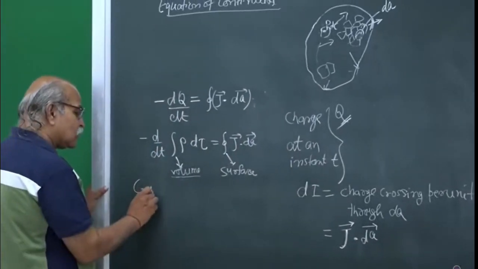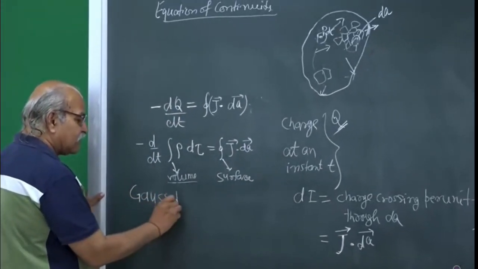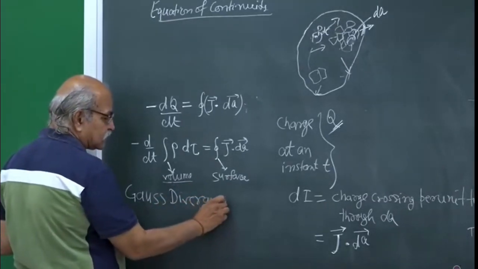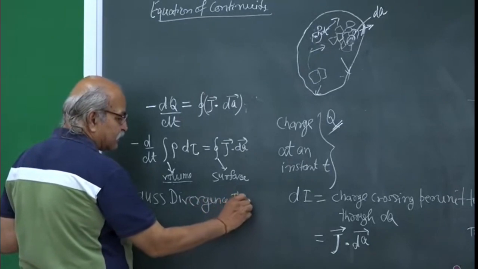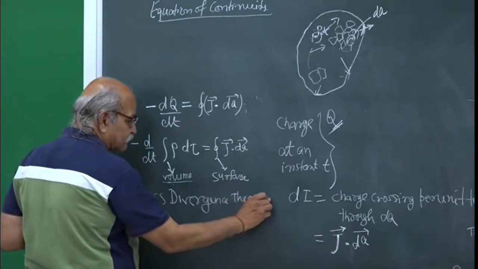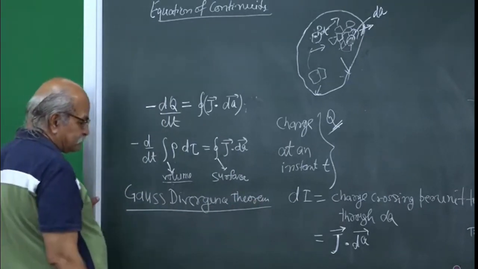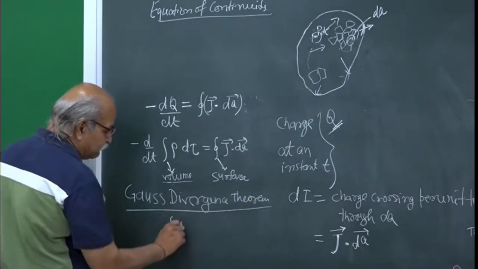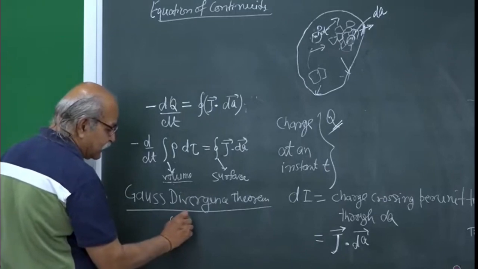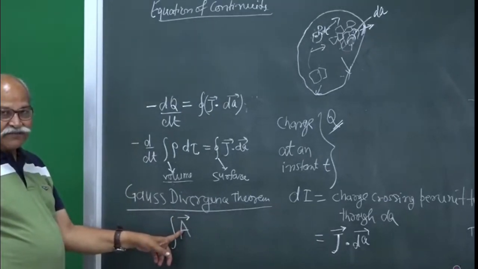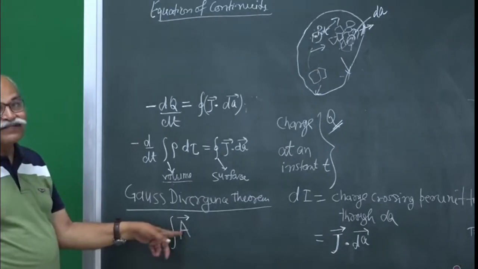So, this is known as Gauss divergence theorem, and what does it tell? It tells that if you have some vector quantity A, which depends on space coordinates x, y, z, it is not a constant vector.